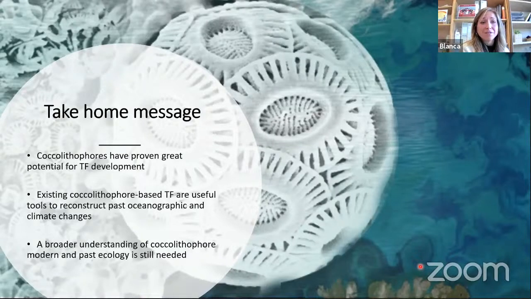Existing coccolithophore-based transfer functions, like the ones I've shown before, are very useful tools to reconstruct past oceanographic and climate changes. However, a broader understanding of coccolithophore modern, but also past ecologies is still needed to understand some of the relationships we get when we perform a statistical analysis. Now, I would like to thank you all for your attention, and I will be happy to take questions.